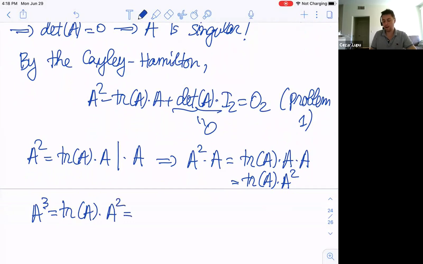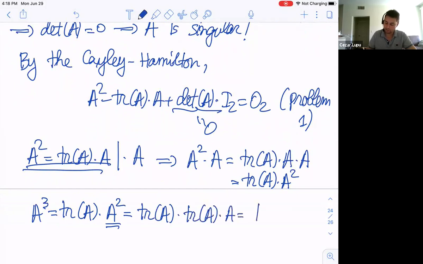But if I look here above, I know that A squared is trace of A times A. So this will be equal to trace of A times trace of A times A, which will be trace of A squared times the matrix A. And I know that this guy, A cubed, is 0, is the null matrix.